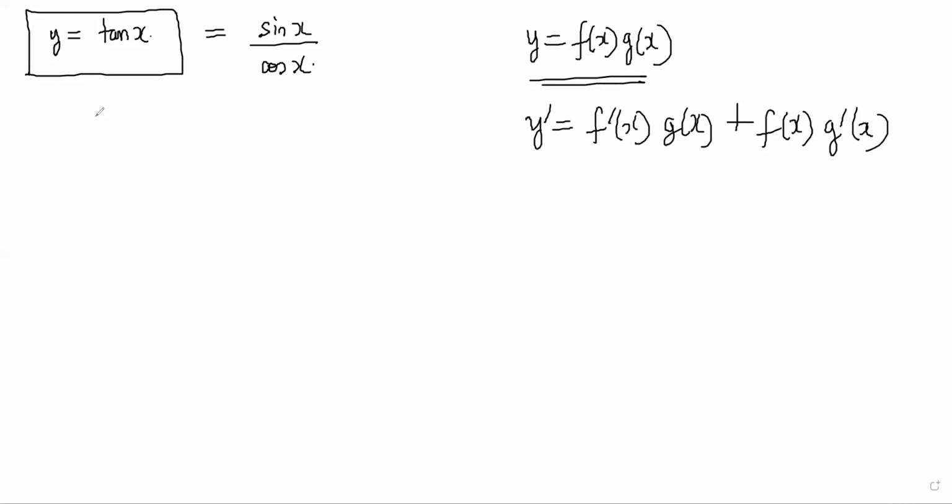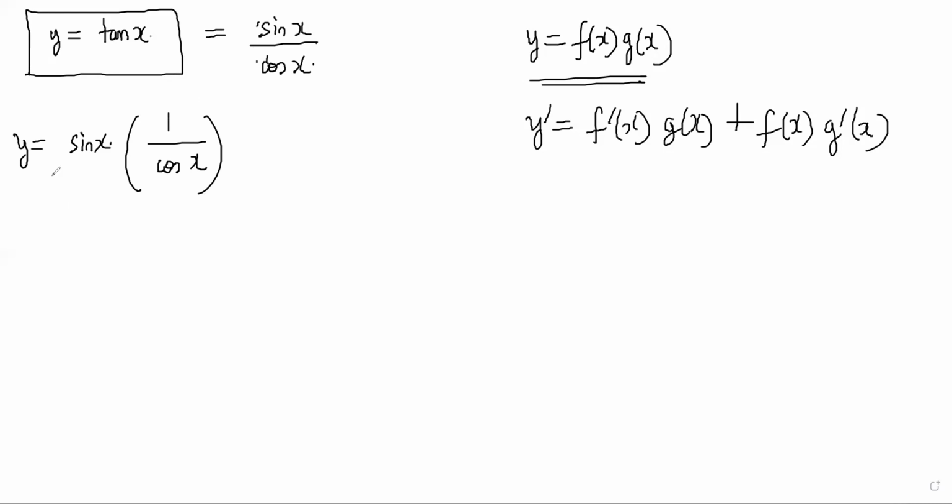Here it will involve something that I have not told you, but I'll just show you anyway. Here it is a division, not a product, right now. But division can be thought of as a product of these two functions.